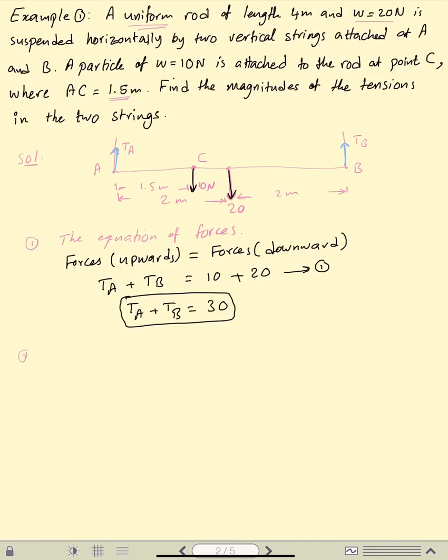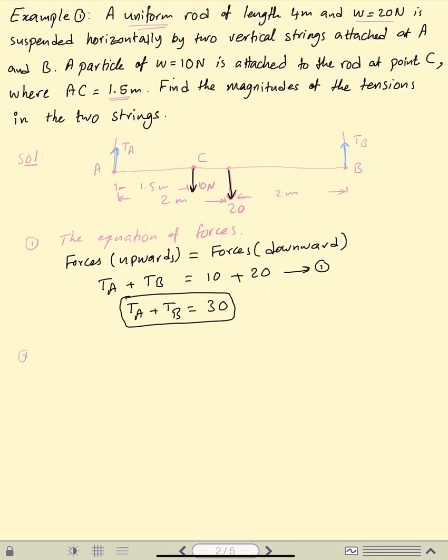We are free, dear students, to choose to take the moments about any point. It depends on us. If the question is mainly straightforward, we prefer most of the time to take the moments about one of the ends of the beam or of the rod or whatever it is.